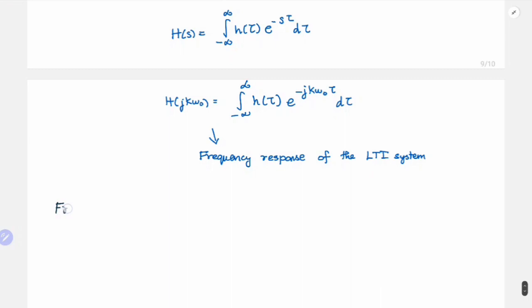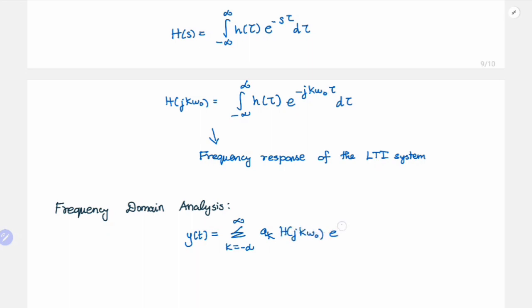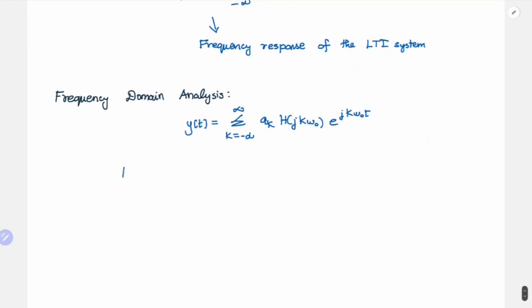Frequency domain analysis. So we have the output y of t as summation k equal to minus infinity to infinity ak h of jk omega naught e power jk omega naught t. Suppose let's say I want to do some filtering actions, let's say low pass.